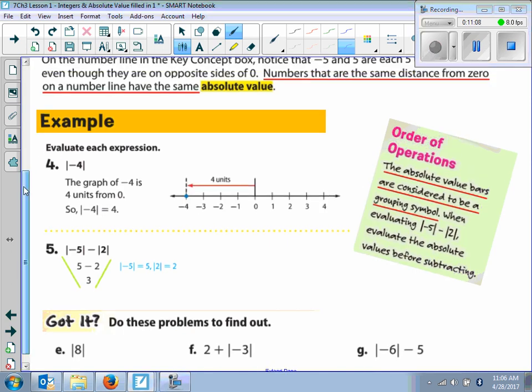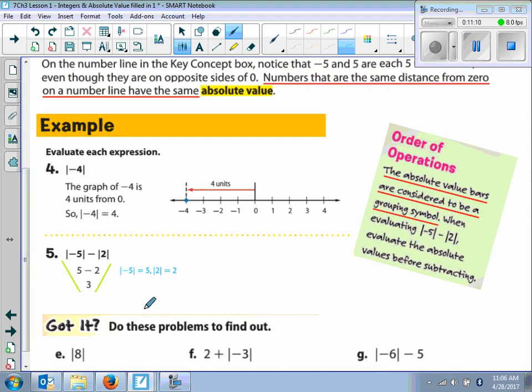Now, for the example, we're going to evaluate the absolute value. I want you to make sure you write down this part over here, this order of operations. It says the absolute value bars are considered to be a grouping symbol. Do you remember at the beginning of the school year when we changed PEMDAS to GEMDAS? Because the G stands for grouping symbols, right?